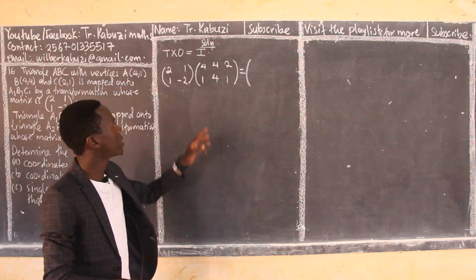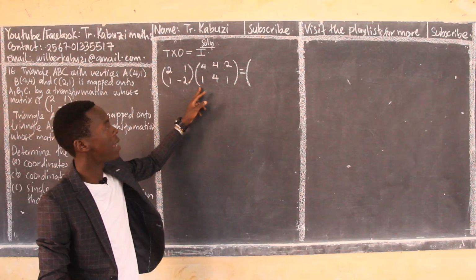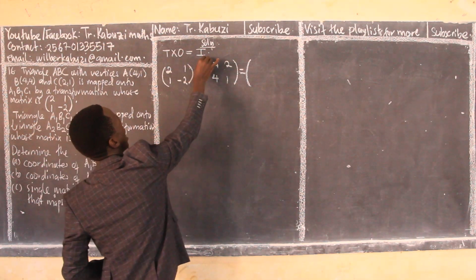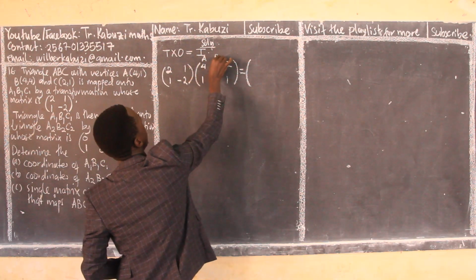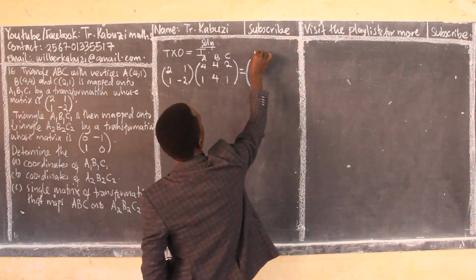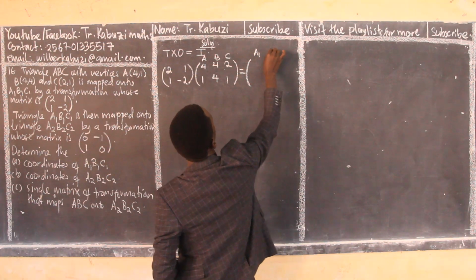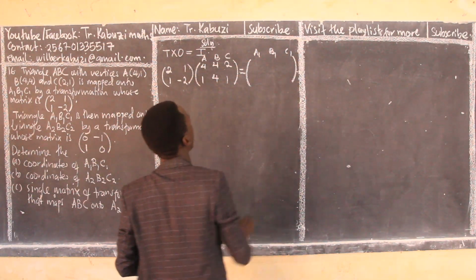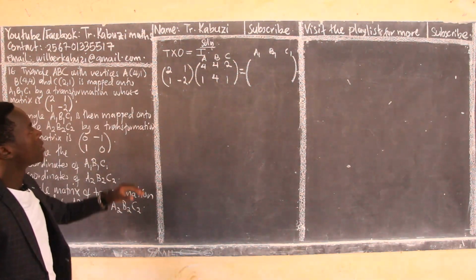What am I doing? This one is a 2 by 2 and this one is a 2 by 3 matrix, so they can multiply. These are A, B, C. Now here I'll get A1, B1, and then C1, like the question wants me to. So we know how to multiply.